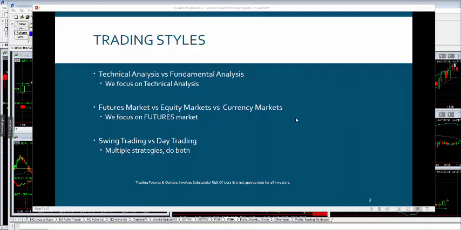Although keep in mind, it is always possible that stops are missed, but we do have stops on all the algorithms that we trade. Swing trading would be holding for multiple days, and we do that as well. Typically, we will hold for 1 to 2 days, but one of our algorithms in particular can hold for up to a couple months, and that's the 10-year note algorithm.